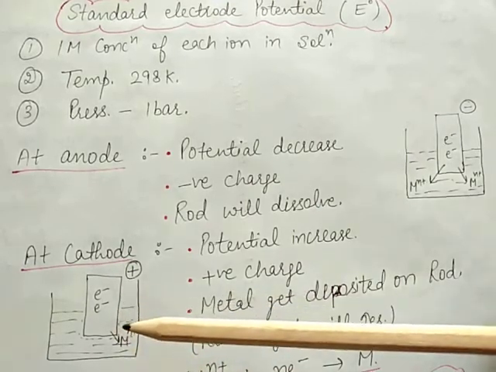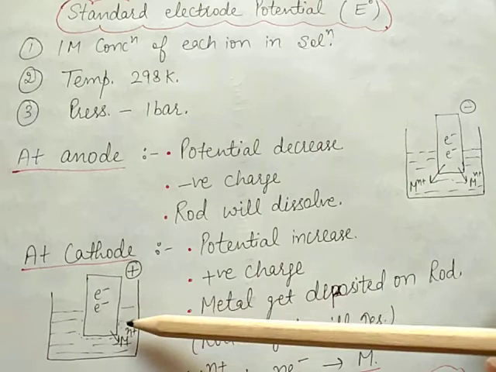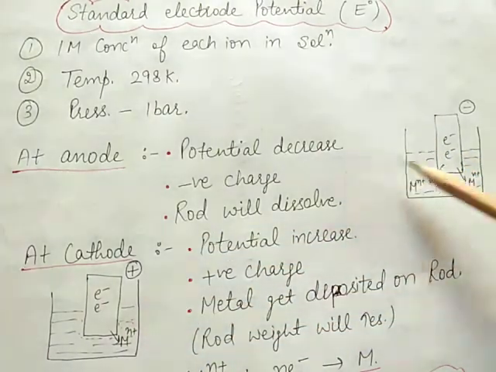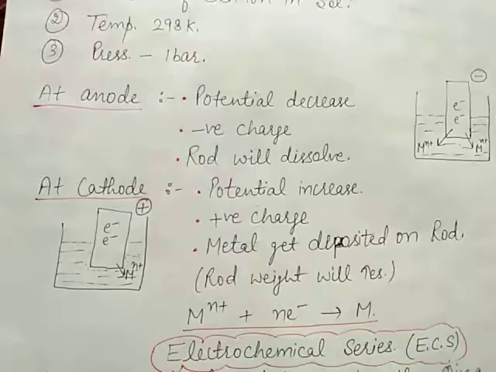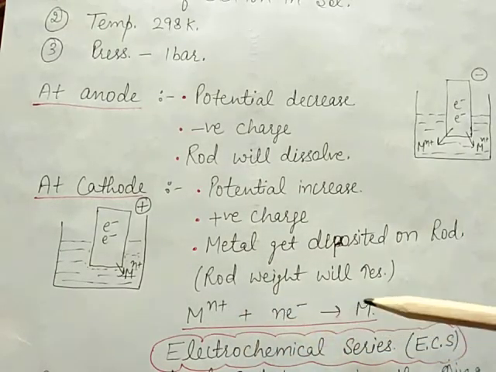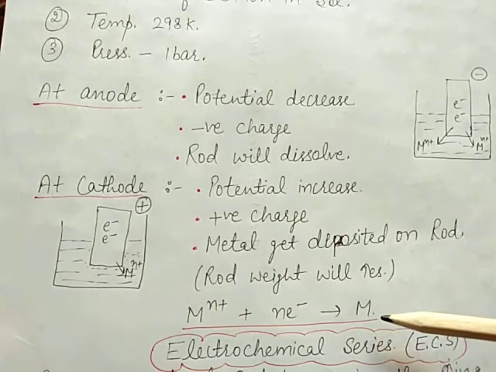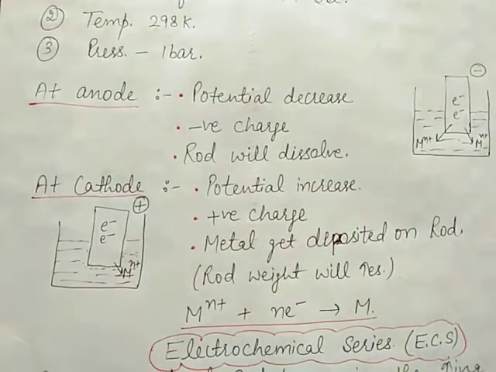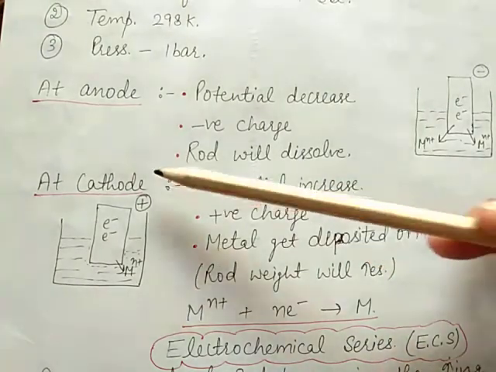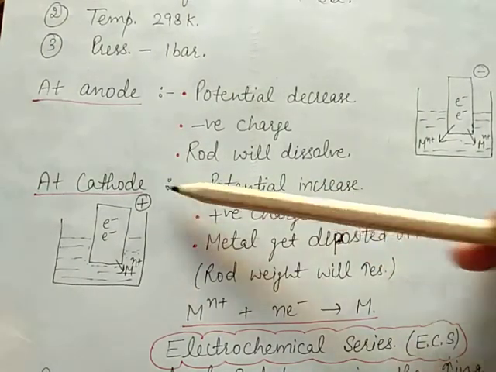It becomes thick. So here potential increases, but at anode potential decreases. Metal gains the electrons and forms a neutral atom. This is the reduction process which takes place at the cathode side.